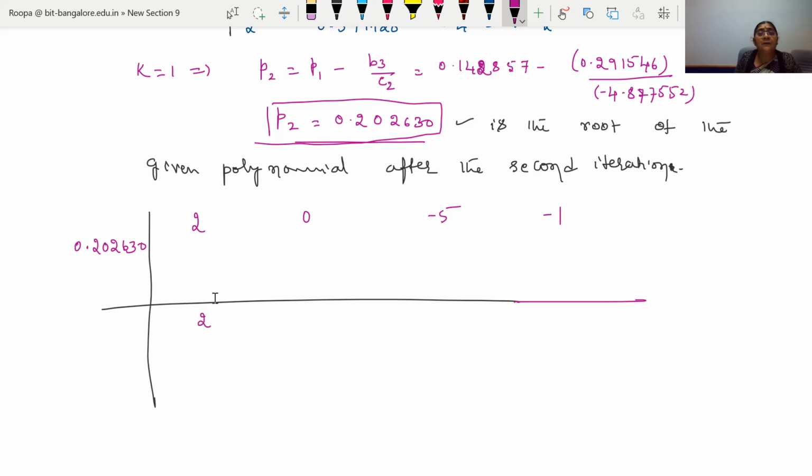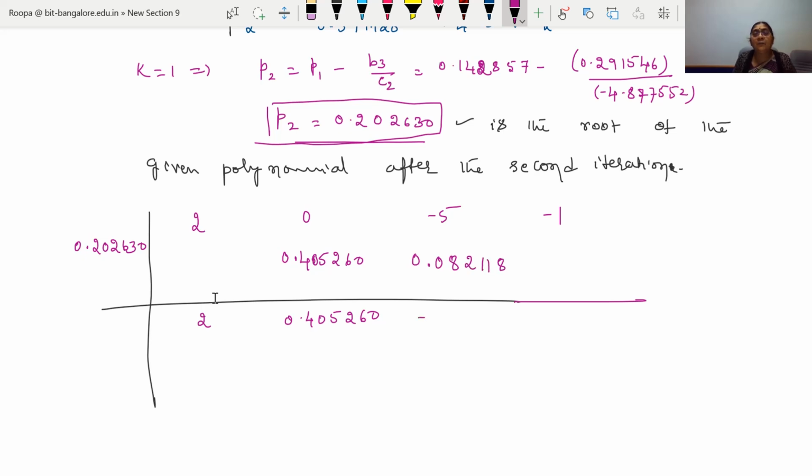First you multiply, 2 into 0.202630 is 0.405260. Add, 0.405260 multiplied with 0.202630, what we get is 0.082118.